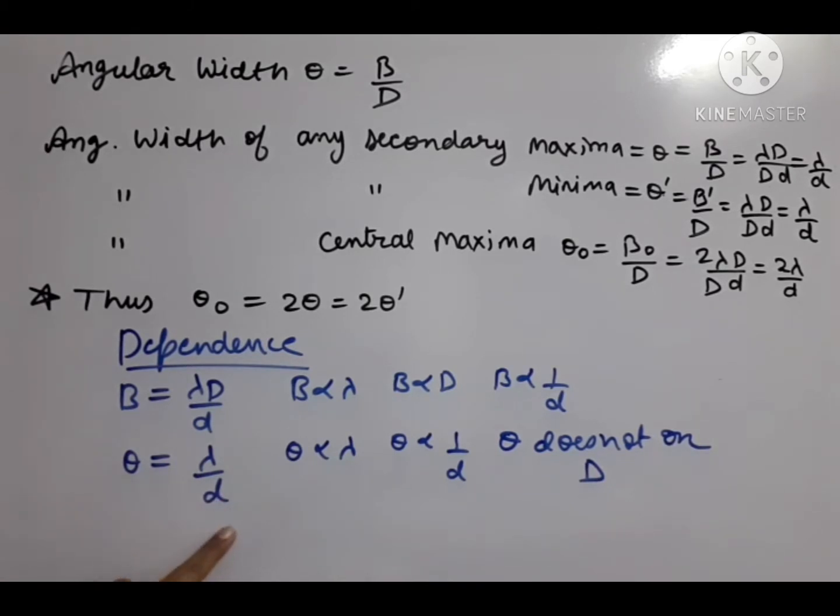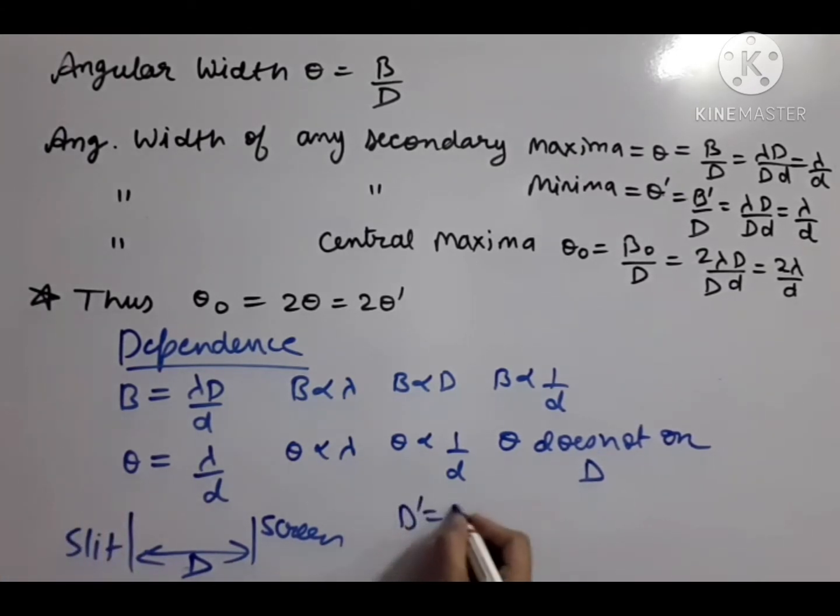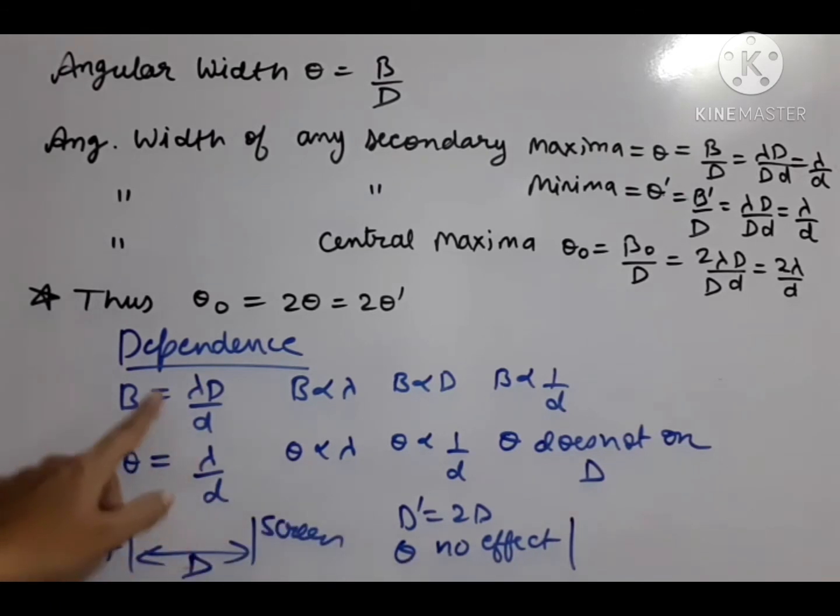So if in any question it is asked, if the distance between slit and screen is doubled, okay, distance between slit and screen is doubled, then what will be the effect on theta? So you have to say no effect on theta. Okay, if D is doubled, then theta no effect because it does not depend upon capital D. But if we talk about beta dependence, beta is proportional to capital D. So you will say if capital D is doubled, beta will also get doubled.